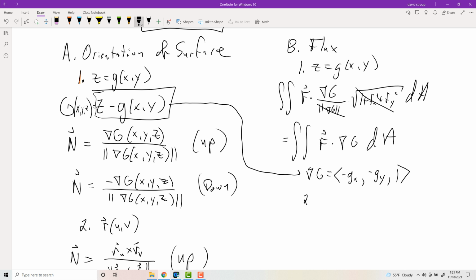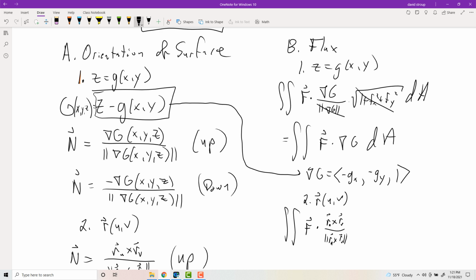All right, so 2, then we've got r of u, v, and we want to play the same game. So now we have F dotted with the cross products. In the numerator, it's just a normal cross product. In the denominator, it's the magnitude of the cross product. So you have RU cross RV all over the magnitude of that thing.